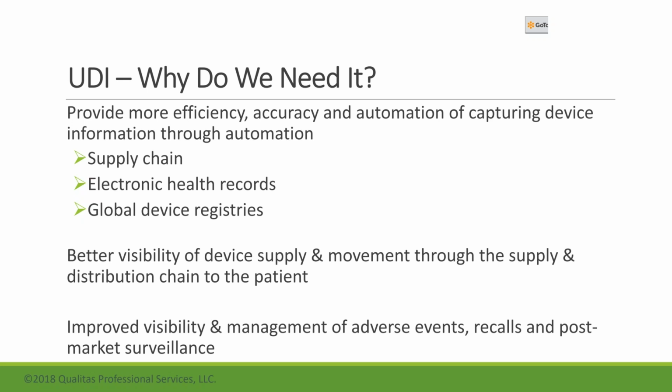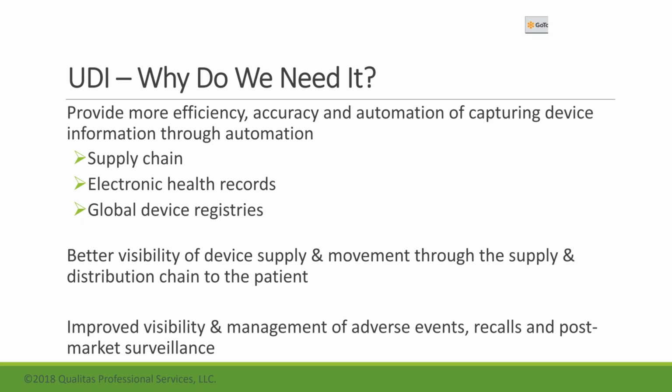This isn't going to help with patient safety. This is all about making sure that people can order the right product, that we can get it through the logistics systems and so on. But what we've seen is that it's really a combination of both. It's going to benefit both the supply chain as well as patient safety.